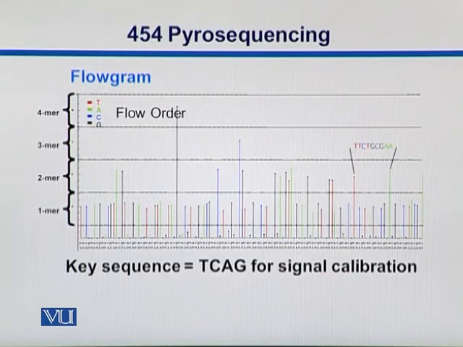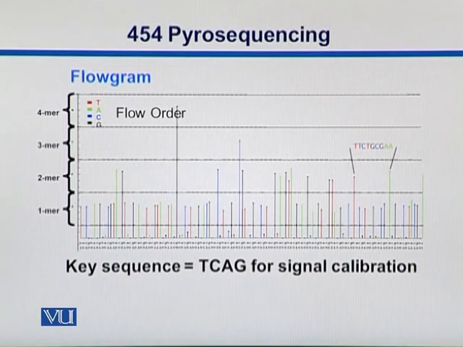The light signal is then detected and recorded in the form of a flowgram, where we can see bars of different heights. Whenever we get a signal after incorporation of a nucleotide, we see higher peaks. First we do calibration. We have a sequence called TCAG, which we use in this corner right here, and it helps with calibration.